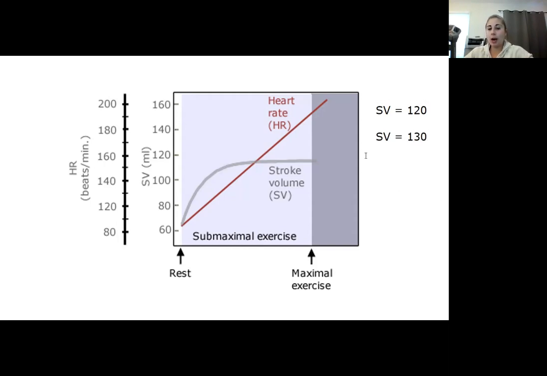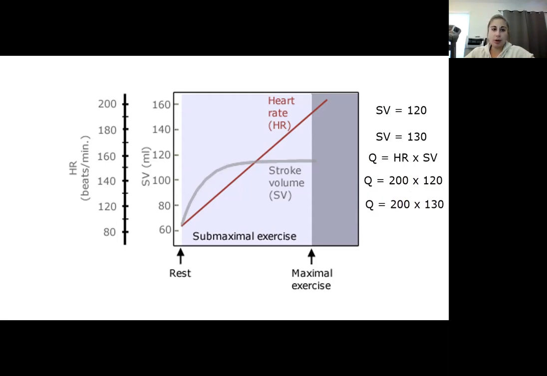And if we know cardiac output is heart rate times stroke volume, well, if I'm going as hard as I can, my heart rate is 200 and my stroke volume was 120, we'll get some answer there, doing the math. And if I was now doing the exact same thing, let's say again, it's 8 weeks later, my cardiac output is now 200 times 130.